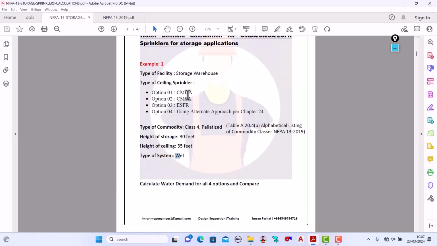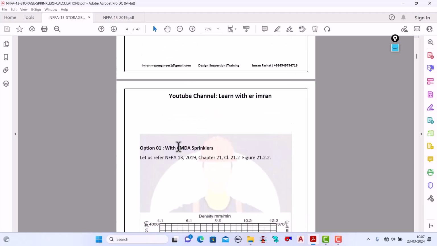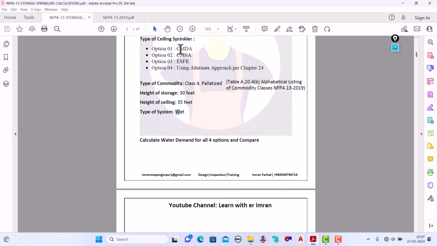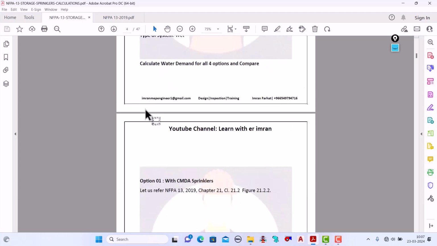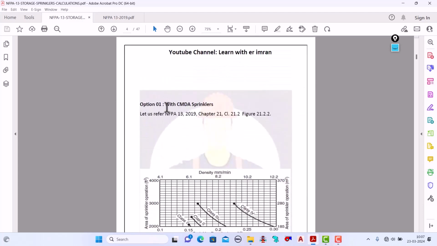If we are going to use CMDA sprinkler or any other sprinkler, then what is the difference? Suppose first, we will see if we are using CMDA sprinkler, then how much water it will take. See here, with CMDA sprinkler, we will see NFPA 13 2019, chapter 21, clause number 21.2, figure 21.2.2.